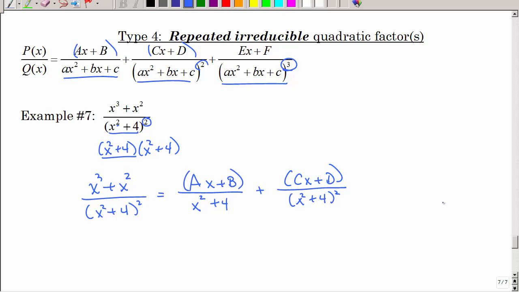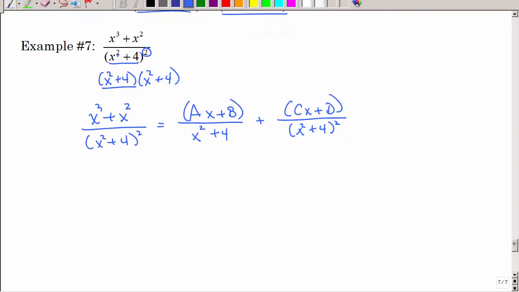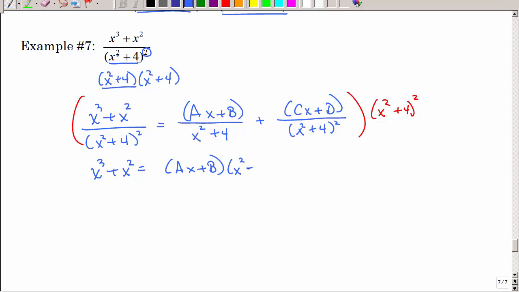But thankfully, I can stop there. That is our setup. Multiply through by the denominator to get rid of our fractions. So I have ax plus b. Please put that in parentheses so you know to distribute. And we're going to have one of those left over. And then here all of that goes away, so I have cx plus d.